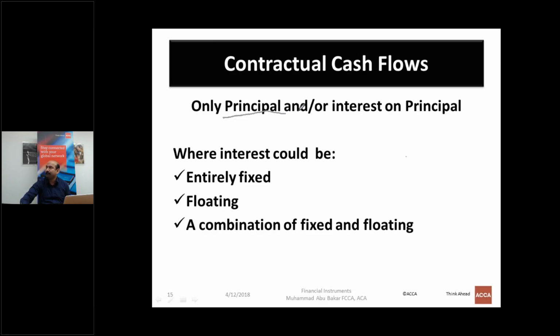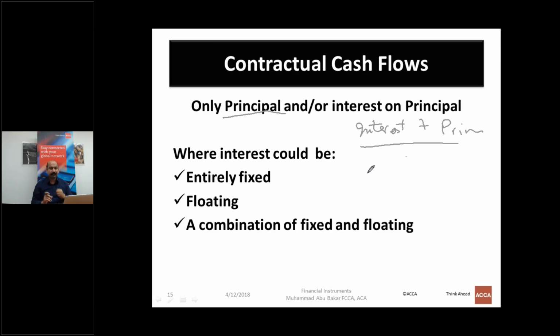Contractual cash flows should be only principal, or it could be interest plus principal. Here you can see that in case of convertible, the inclusion of the conversion option failed the contractual cash flows criteria.